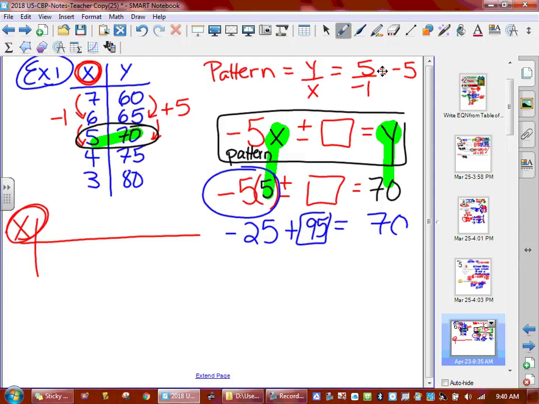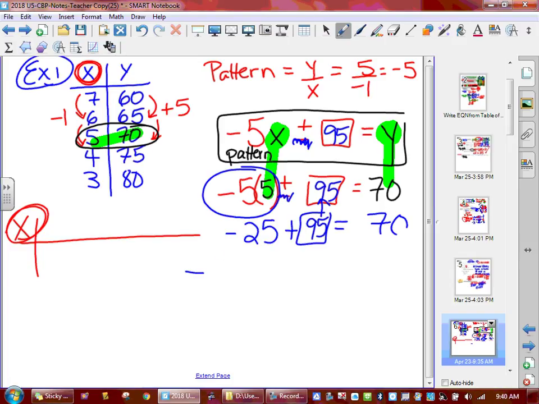I want you to type in negative 25 plus 95. Make sure you get 70. Okay? You should get 70 if you type those in. So because this happened, we know this number now is a plus 95, not a subtract. We can get rid of the subtract sign. It's a plus 95.